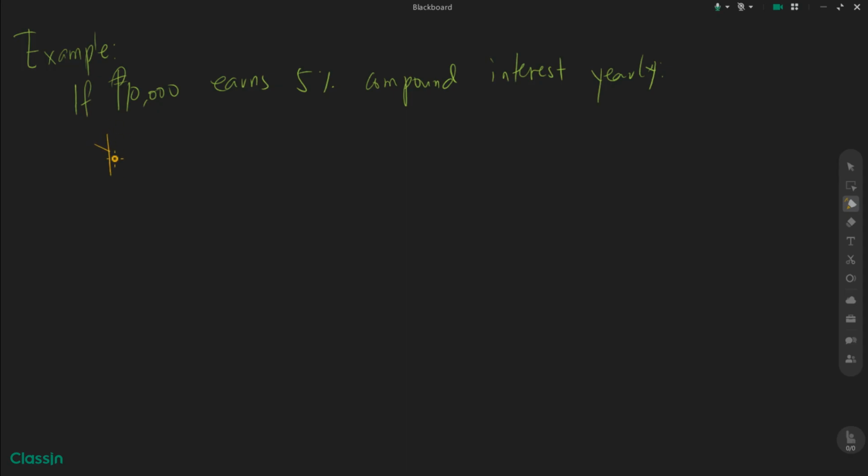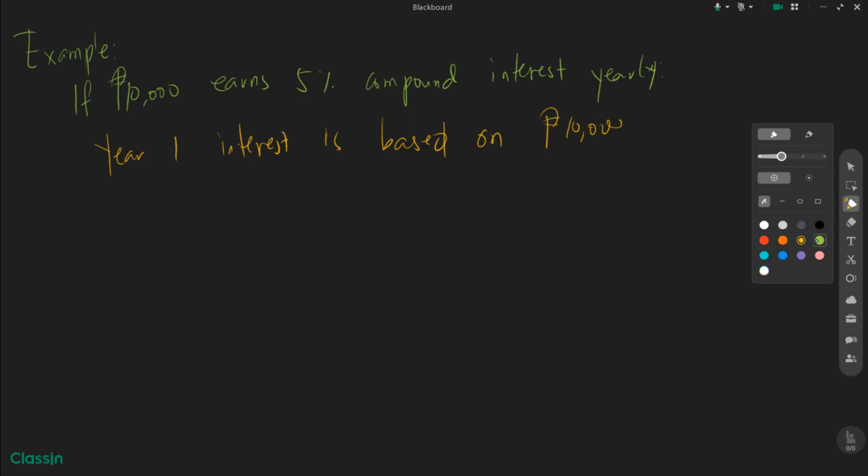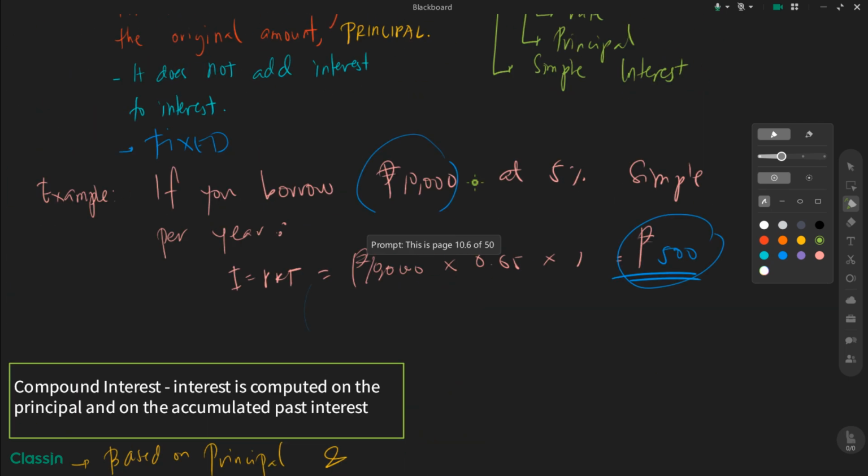So let's say for year one, interest is based on our principal, which is 10,000 pesos. So we will have 500, just like what we have done in the simple interest.